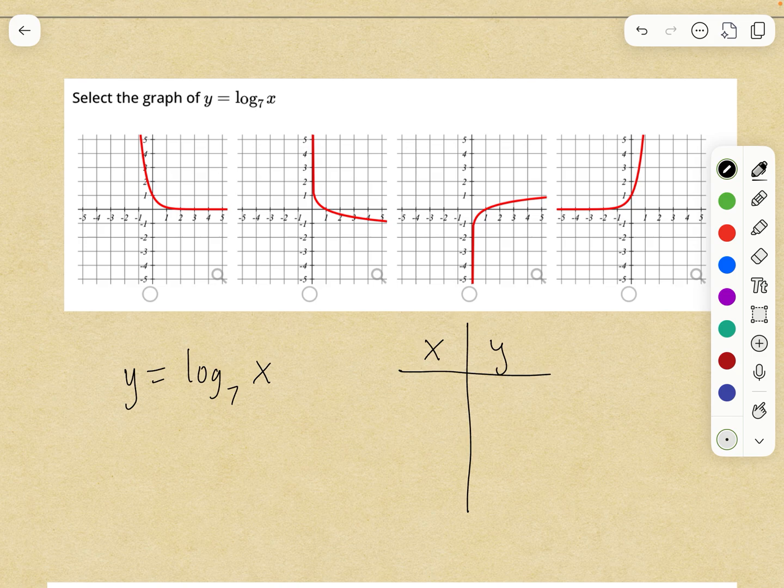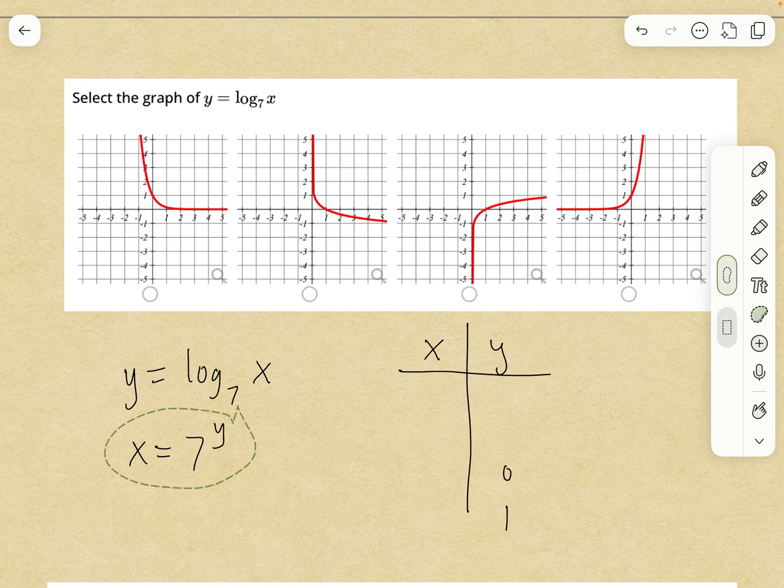So let's write this in exponential form. X is equal to 7 to the y power. Now it's easier to plug in the values. We can plug in values of y. So we could plug in y equals, say, 0 and 1. If you plug in y equals 0 in here, then you're going to get x equals 1.